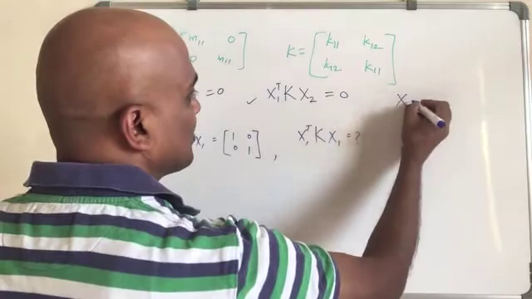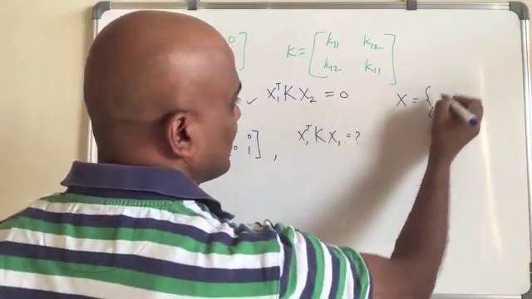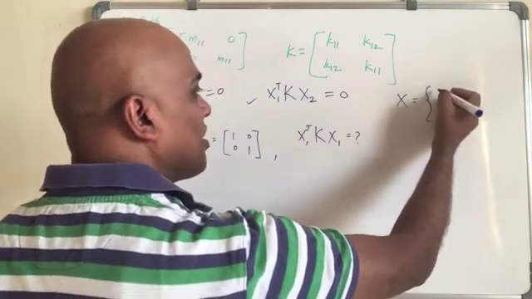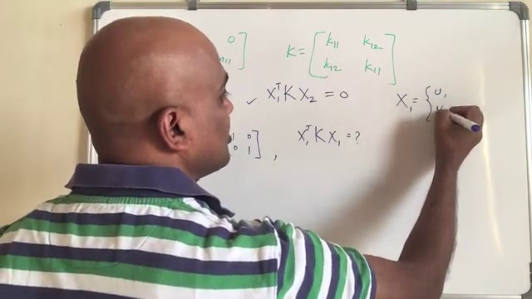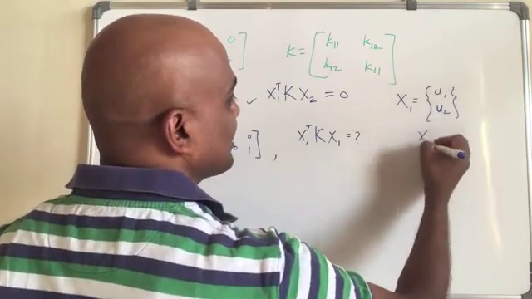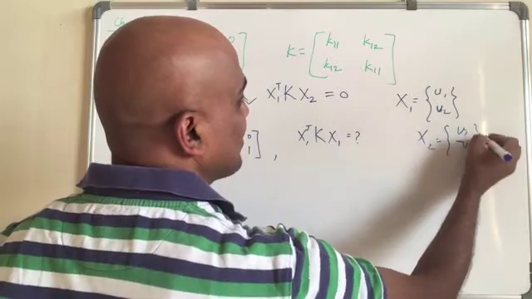This is given: x1 will be the eigenvector associated with the lower frequency. So x1 will be equal to u1, u2, right? And x2 will be equal to v1 and v2. And we have seen that, right?